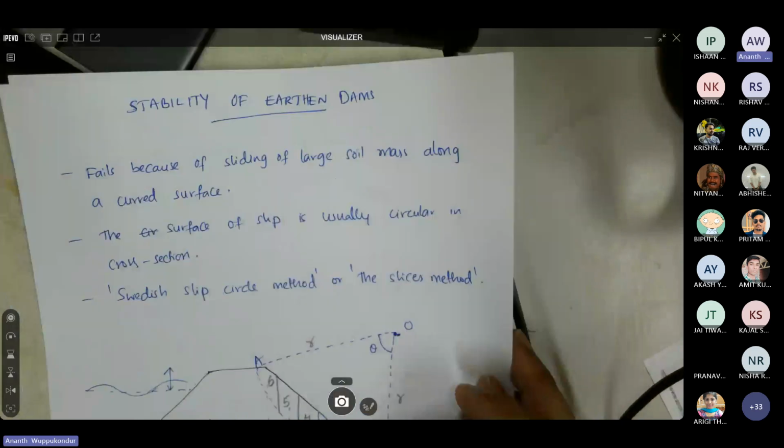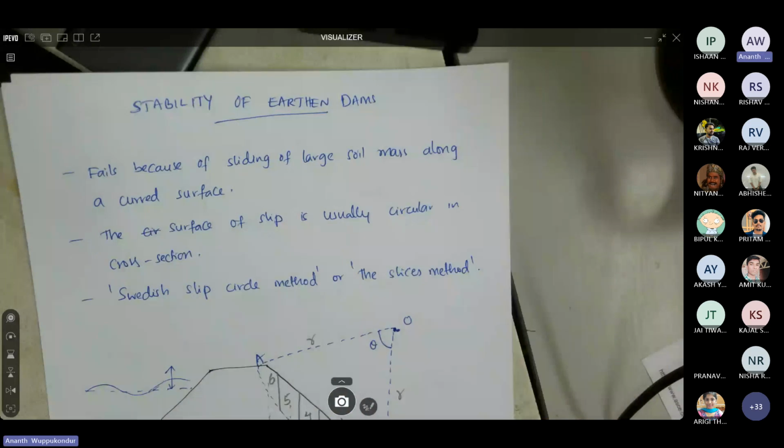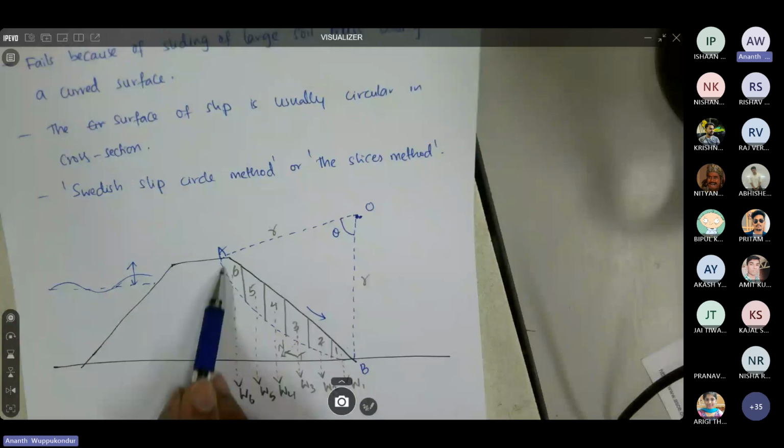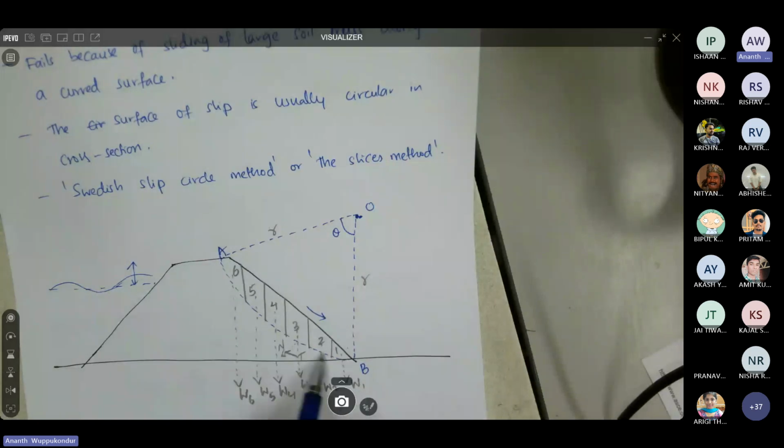Usually what we do is consider the slip, or the sliding of the soil mass, to have a circular surface. For example, this dotted line that I am assuming is the surface of slip. My assumption is that the soil is going to slip along this surface, denoted by the blue dotted line.